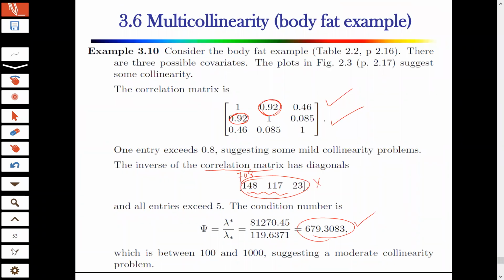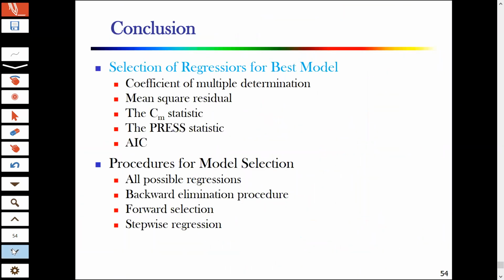So this is our module 3. We have discussed selection of the regressors for the best model: the coefficient of multiple determination, mean square residual, Cp statistic, Bayes statistic, AIC. And in the procedures of model selection, we have discussed all possible regressions, backward elimination, forward selection, and stepwise regression.